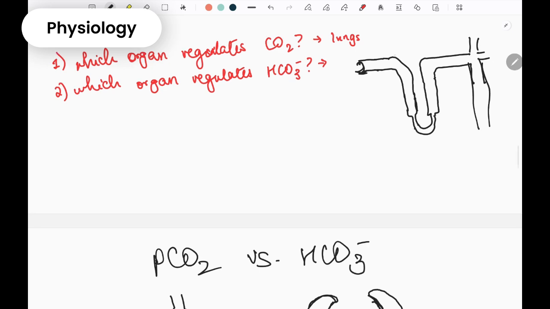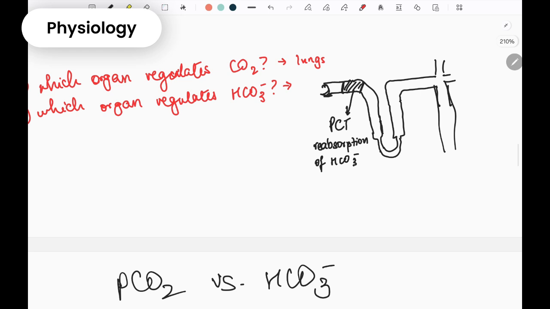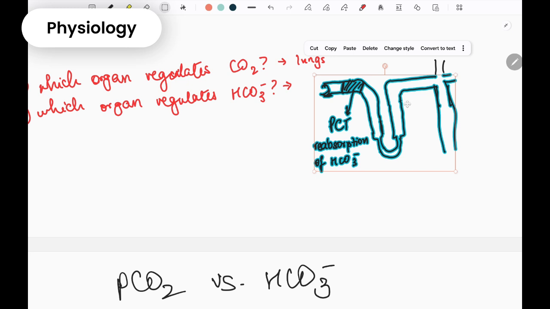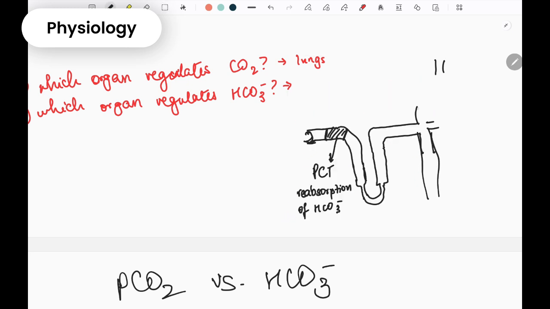So in this part of the nephron, the PCT, we have cells which are responsible for the reabsorption of a lot of different chemicals, but in particular HCO3. The nephron, this structure, is a functional unit of the kidneys.